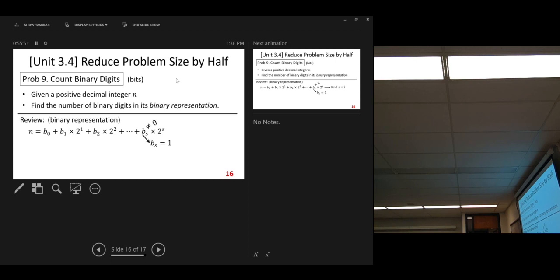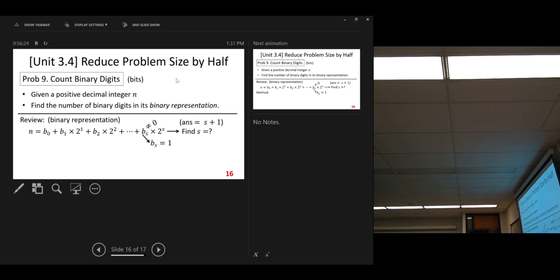We want to count, when we do this conversion, how many binary digits we have. We need to find that s. If we can find the highest bit, s plus 1 is the answer, because we have b0 through bs, which is s plus 1 bits.